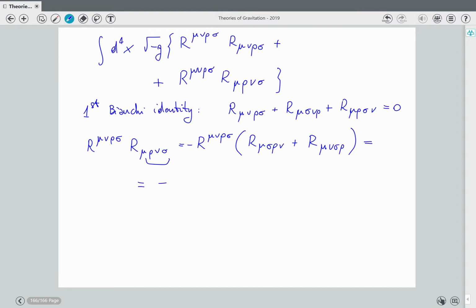Okay. Now let's check what we obtain this way. So the first term is R rho mu nu, R mu nu sigma, and here we have what? R mu rho sigma rho nu. Now, we want to show that this is, apart from the minus sign, exactly like that.